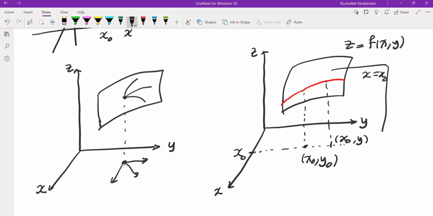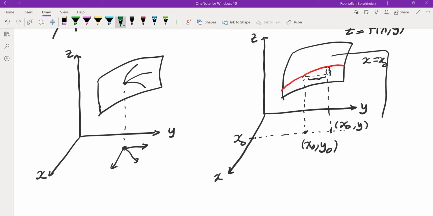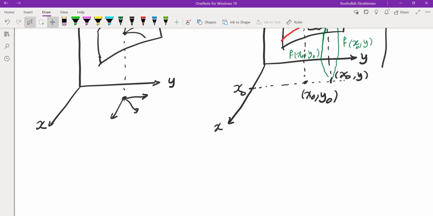Now for this curve, we're going to find rise over run. What is rise? Rise is this guy minus this guy. The first one is f of x naught comma y, and the second one is f of x naught comma y naught. If we subtract these two, we get the rise, and then run is y minus y naught.